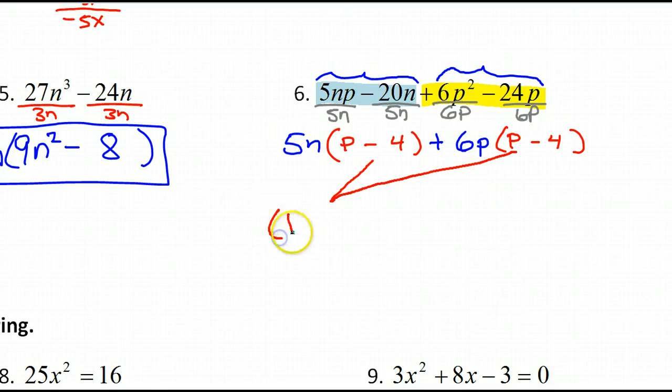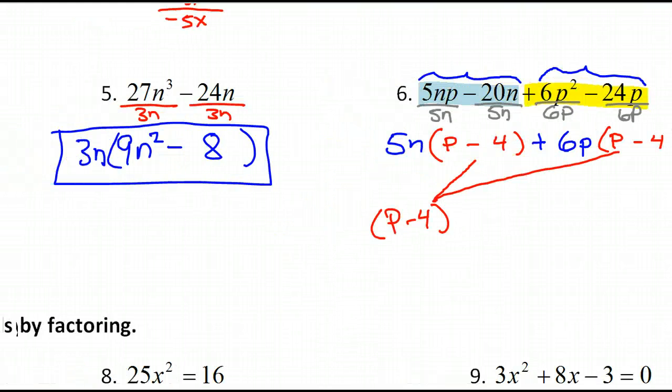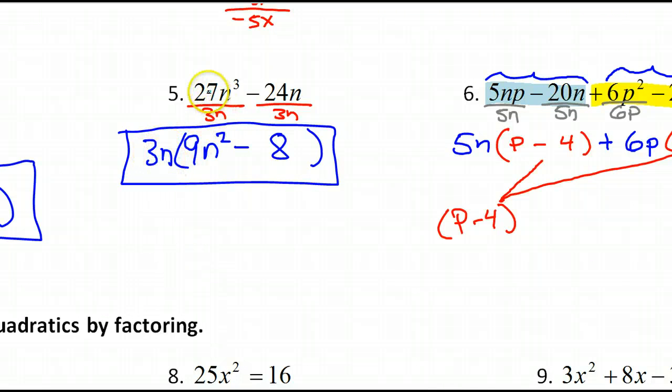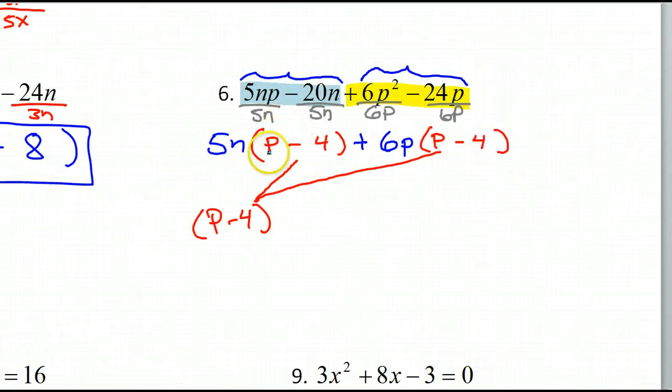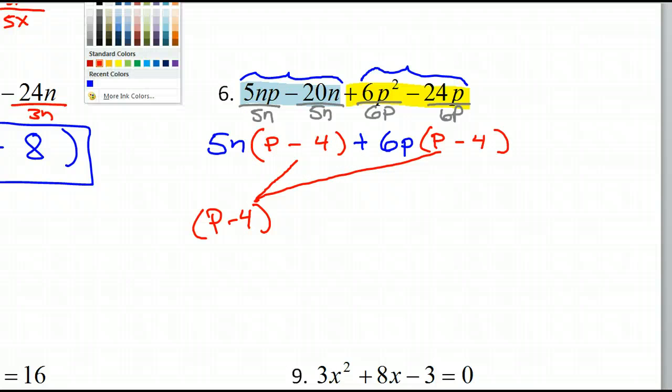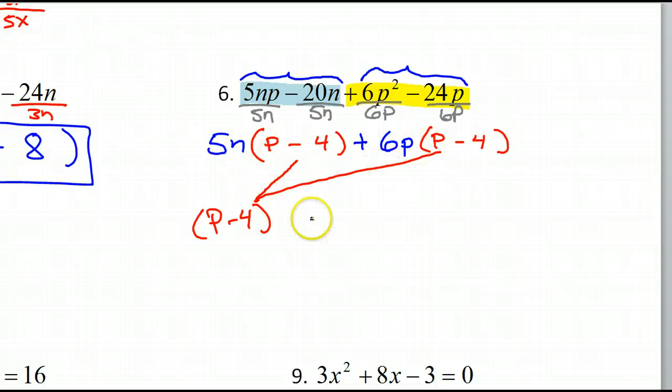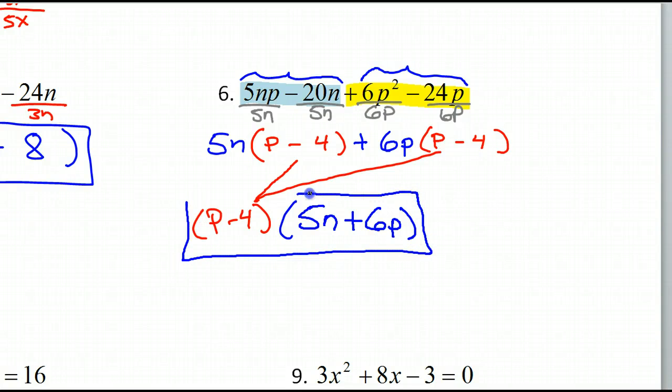Just like we pulled out the 3n as a common factor and left behind the leftovers, here p minus 4 is a common factor, and we undistribute it and put it in the front. That's going to leave behind the blue stuff, 5n plus 6p. And there, we did it. We factored it. We're geniuses. That's grouping.